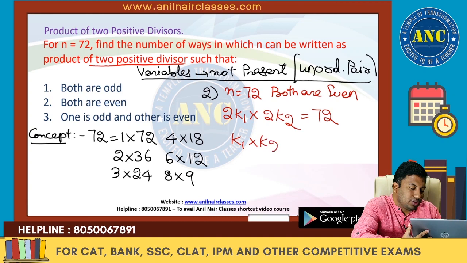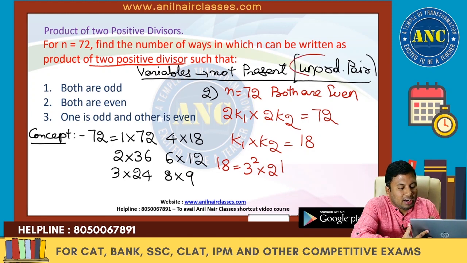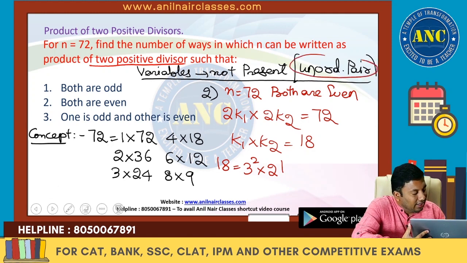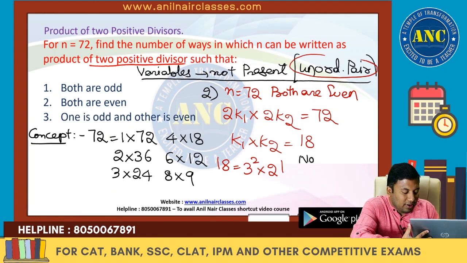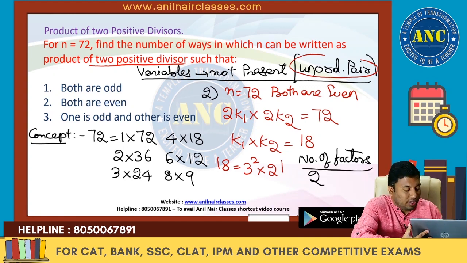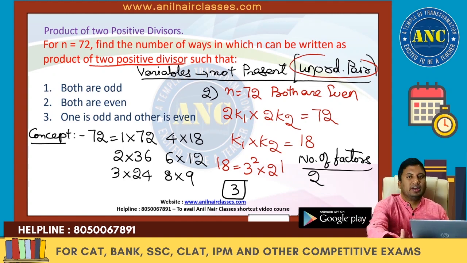K1 into K2 is 72 by 4, which is nothing but 18. 18 is nothing but 3 square into 2 power 1. First of all, it is an unordered pair and 18 is a non-perfect square. So the answer is number of factors divided by 2. So 3 into 2 is 6, 6 divided by 2 is 3. I hope it is clear.